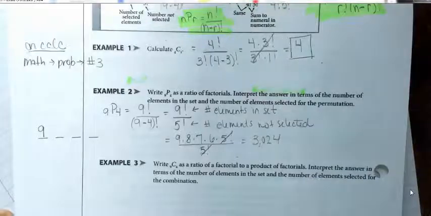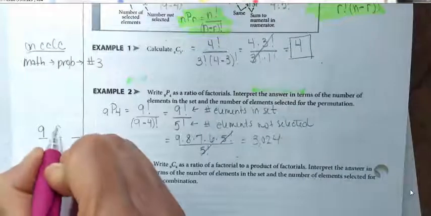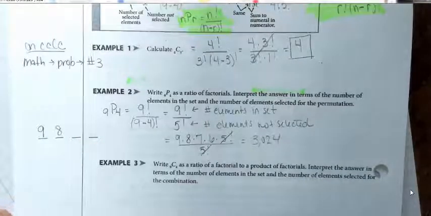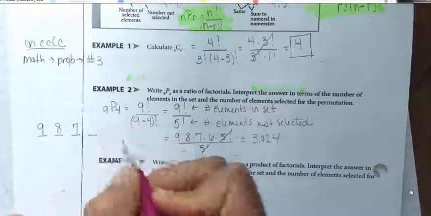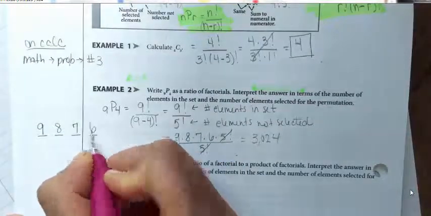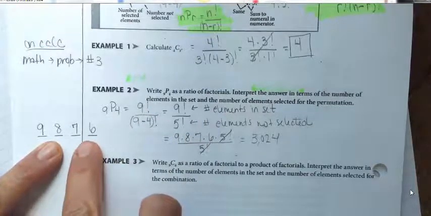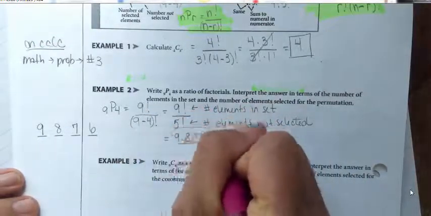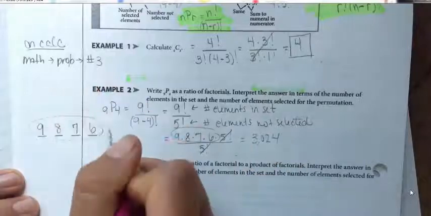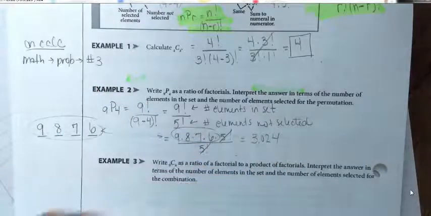Now, when I choose my second thing, I've just got 8 options available to me. Choose my third thing, I have 7 things. Choose my fourth thing, I have 6 things. Which, basically, these are the exact same thing, right? Okay, so these match up. So 2 ways of going about finding the number of permutations.